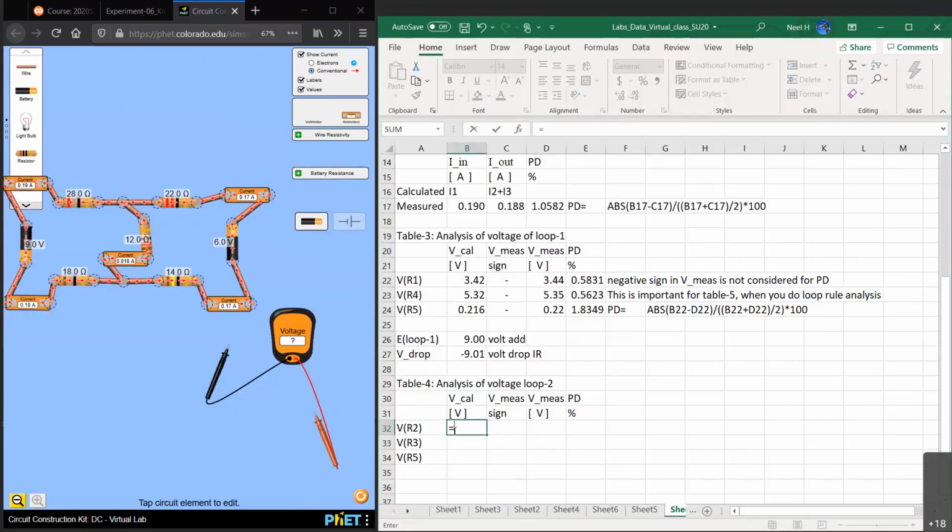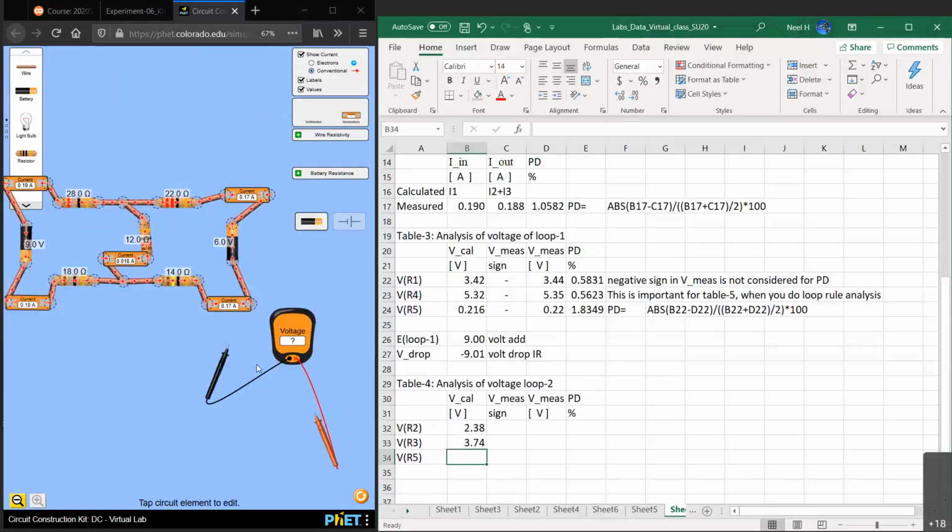Equal sign, current passing through R2 is 0.17 times resistor 14 ohms, and equal sign, current passing through R3 is 0.17, resistor R3 is 22, and voltage across R5.